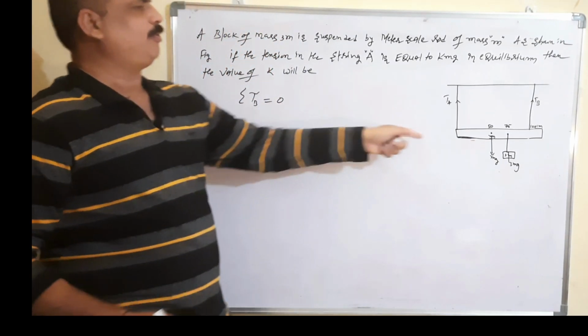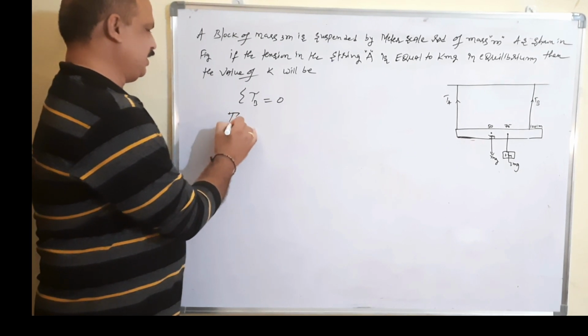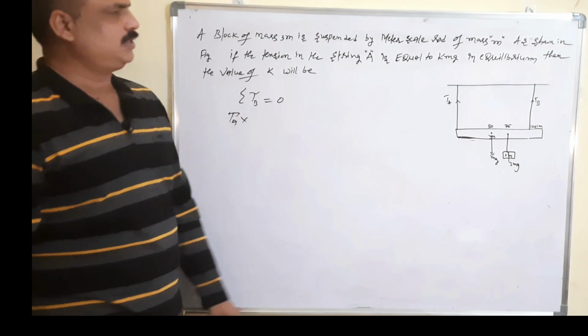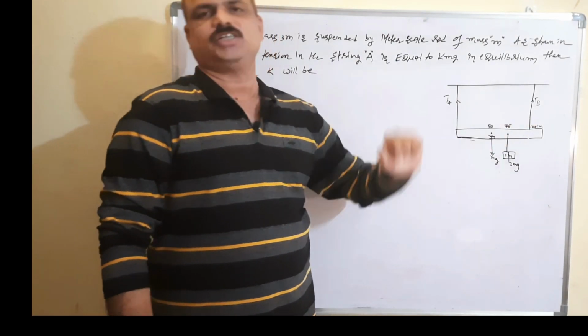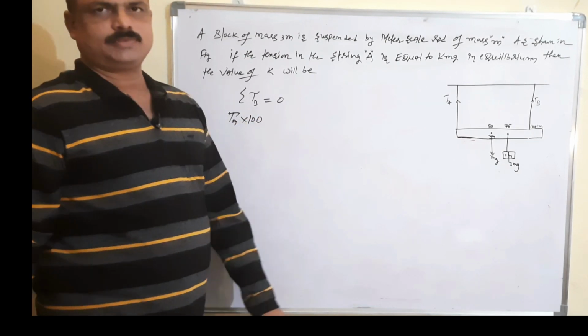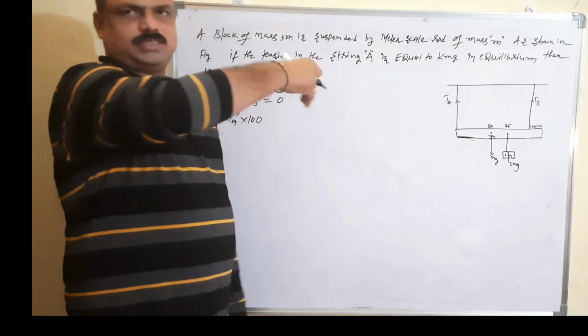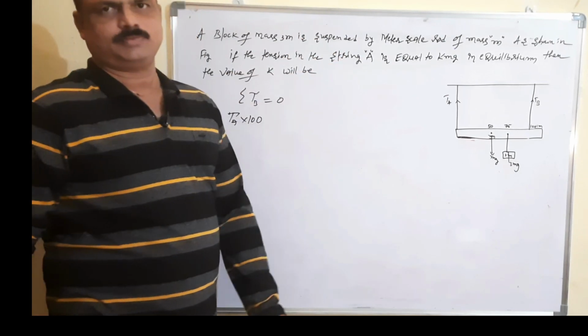Here, torque is force into perpendicular distance. TA, the tension at A, into the distance between A and B, which is 100 centimeters. So TA into 100. This is an inward, clockwise torque, taken as positive.